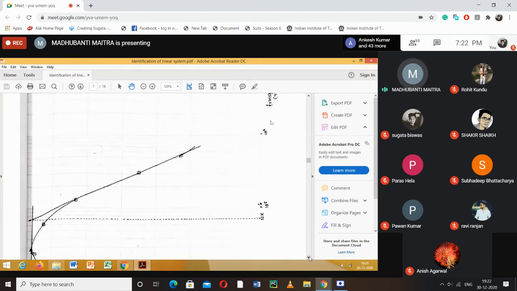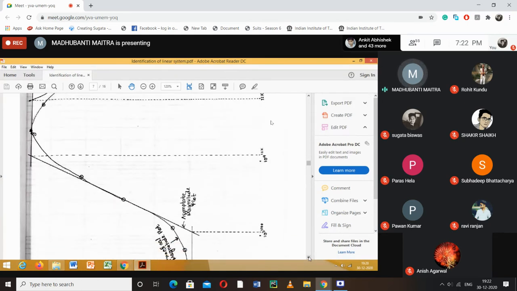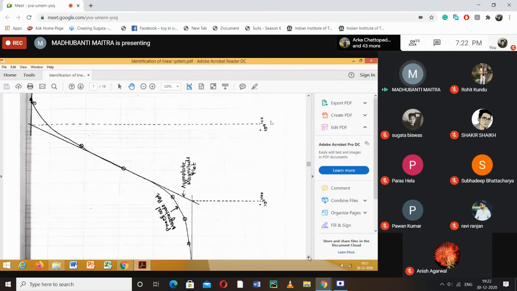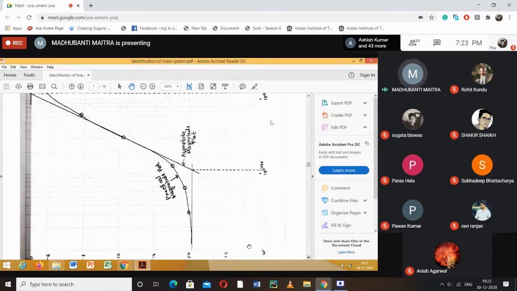If we approximate the actual magnitude versus frequency plot by an asymptotic one, there will be some error. But you see at the lower frequencies, the gain was minus 20 dB. So this is the asymptotic plot.